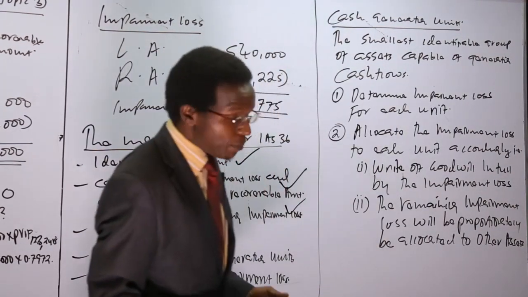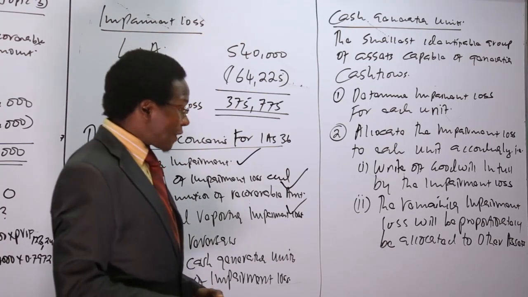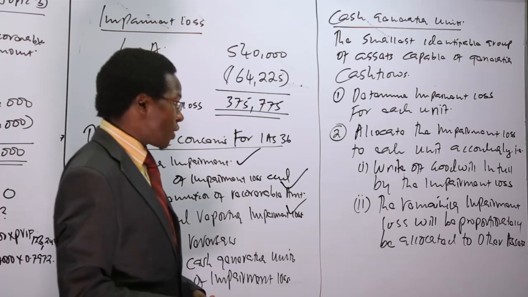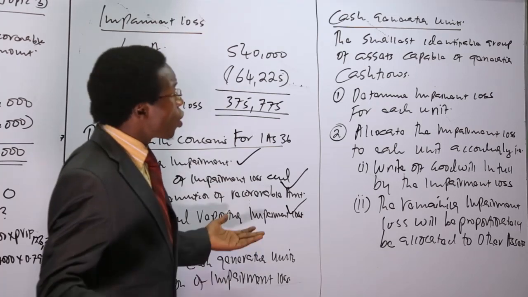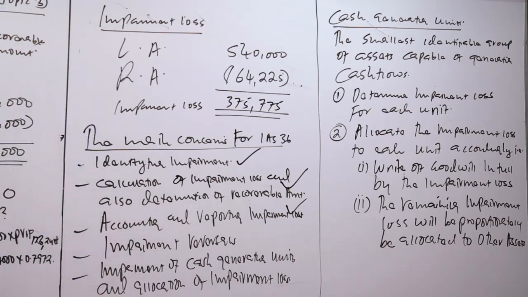Proportionately means we are going to use the weights of the respective assets in that cash generating unit. That's simply what we should do when we are talking about a cash generating unit.